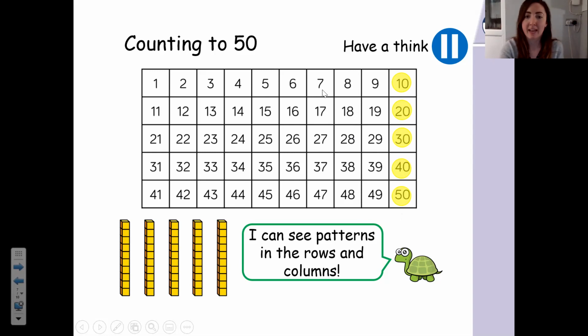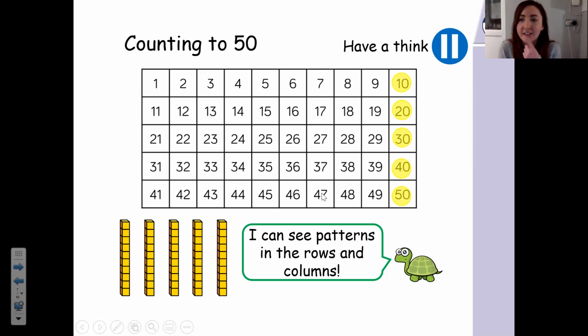So for example, in this column here, how many ones are in 7? 7 ones. How many ones are in 17? 7. How many ones are in 27? 7. How many ones in 37? 7. And how many ones in 47? That's right, 7. So when we look down the columns in a 100 square, the ones are the same.